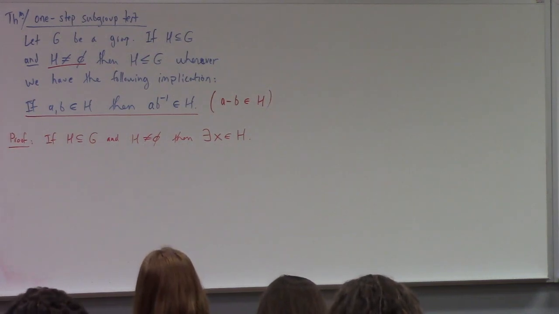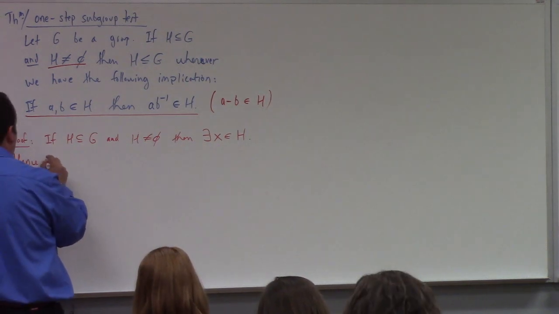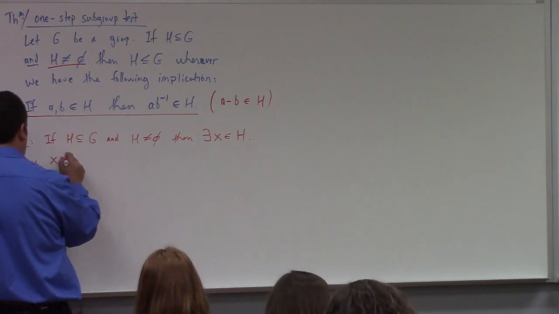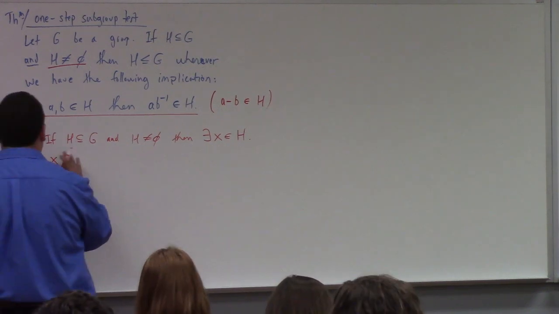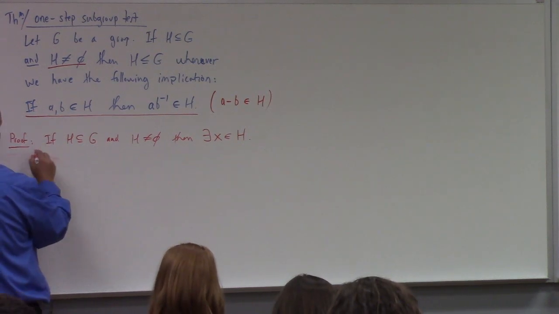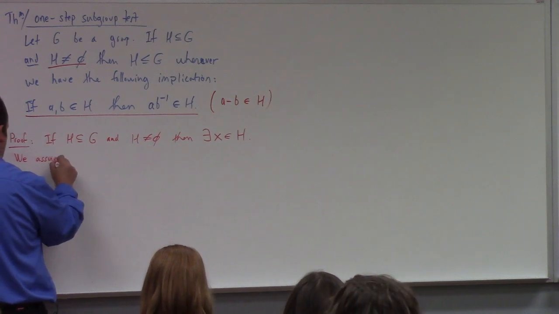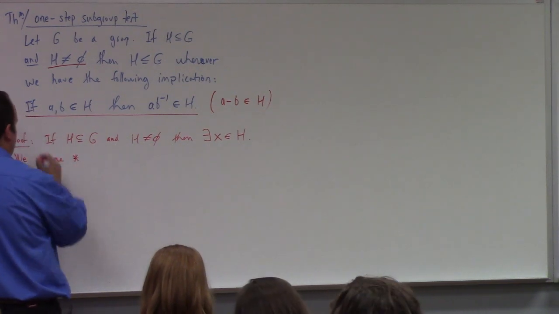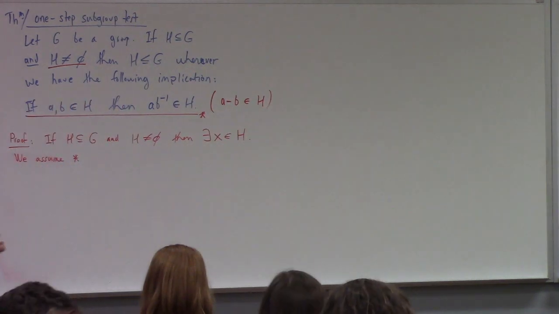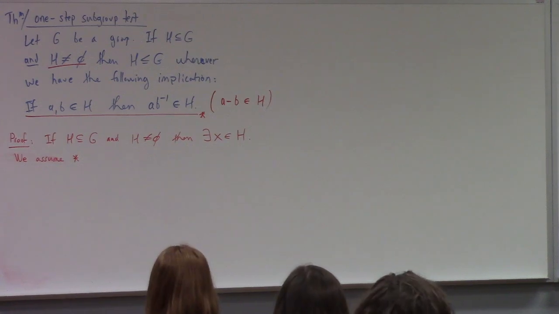And if there's one element, hence X. So assume, I'm sorry, I'm muddling things here a bit. We wish to assume the implication. Okay, we're going to assume this condition. We want to show that the condition star, the one-step condition, implies H is a subgroup.